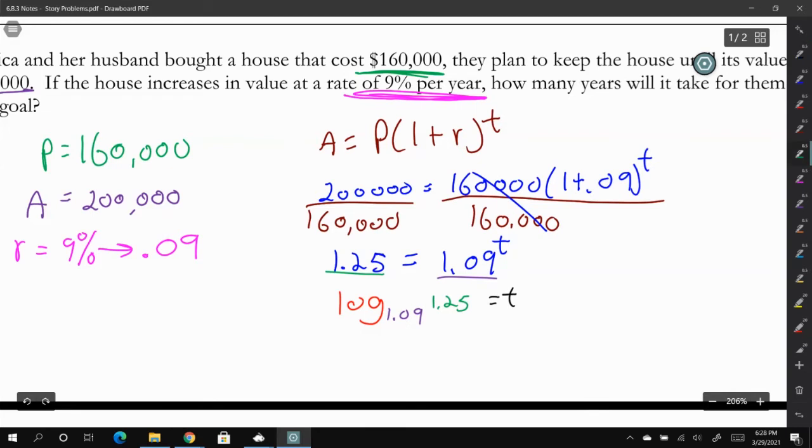So then in my calculator, I'm going to do log 1.25, that looks terrible. Let me rewrite that. Log 1.25 divided by log 1.09. And when I type that in my calculator, that gives me a t value of 2.59 years.